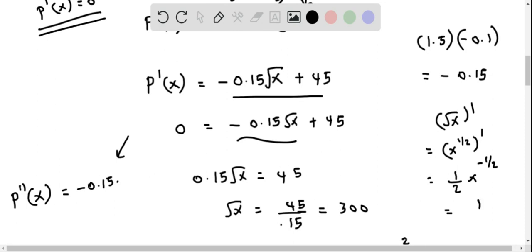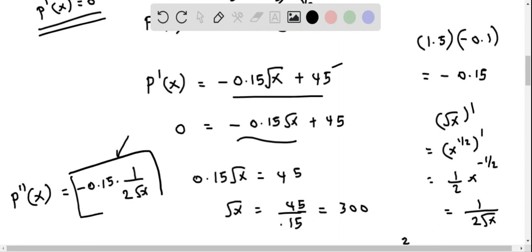So this is basically 1 divided by 2 times x to the power positive 1 by 2, or otherwise 2 root x. So the derivative of root x is 1 over 2 root x, which I put here, plus the derivative of 45, which is 0, so we can ignore that. So this is the expression that we get for the second derivative of the profit function.